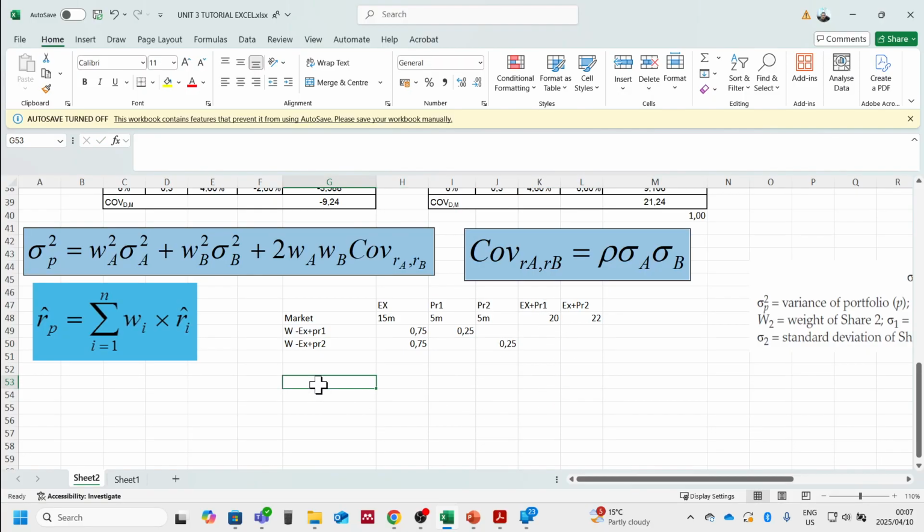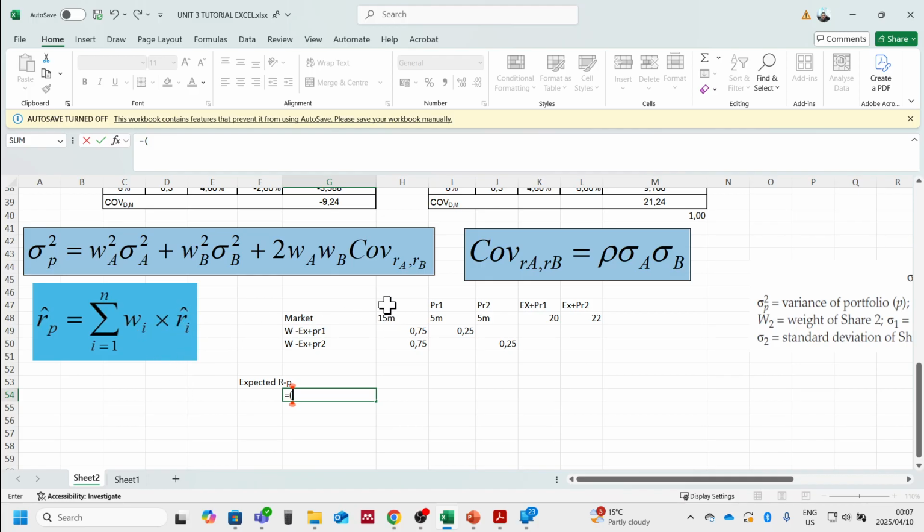And then we will be able to calculate the expected return of the entire portfolio. I'm just going to write RP for the entire portfolio, which can be calculated as follows: it is the weight multiplied by the expected return.